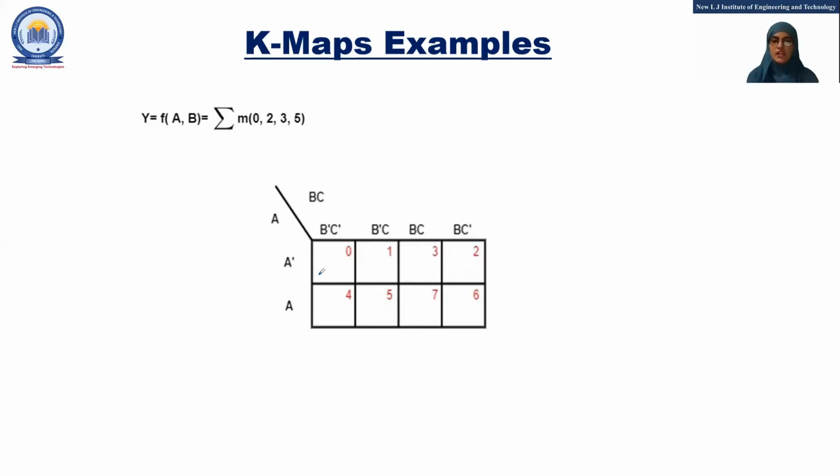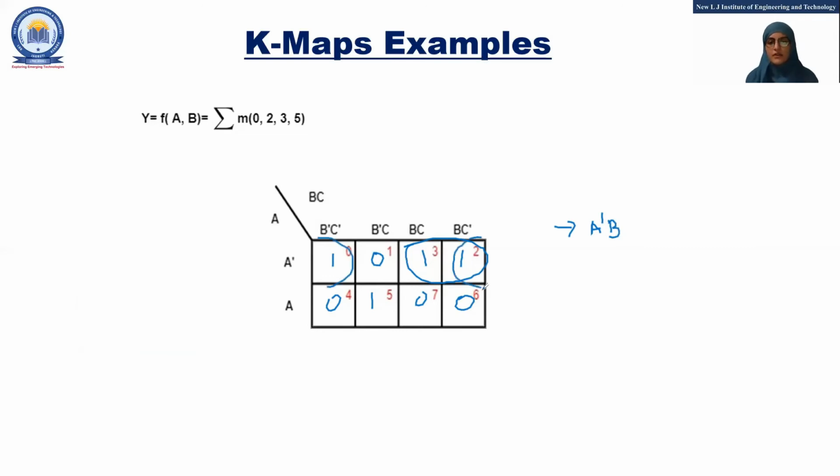Next is 3 variable K-map. Here 0, 2, 3 and 5 min terms are given. So we will fill these min terms with 1 and everything else will be 0. So here we can make this pair. Answer of this pair will be A bar and B. Next we can make this pair.